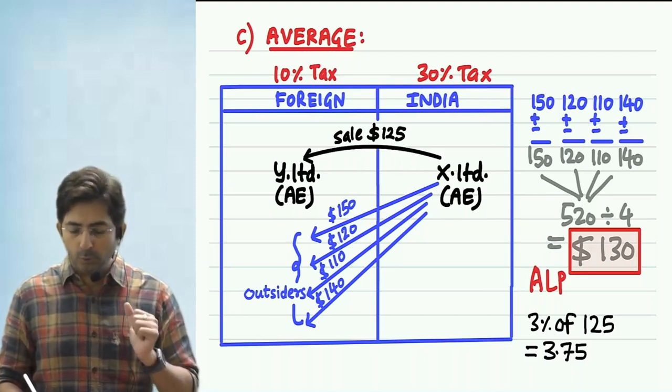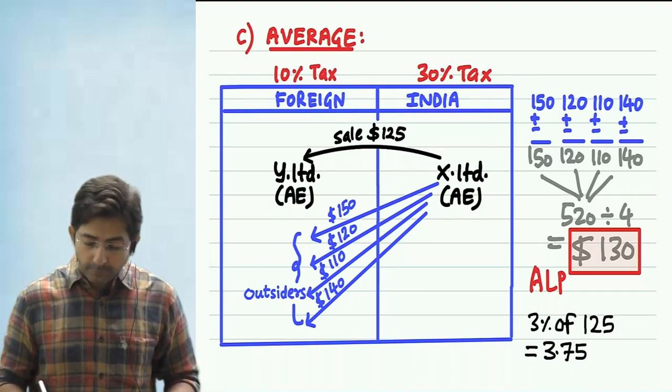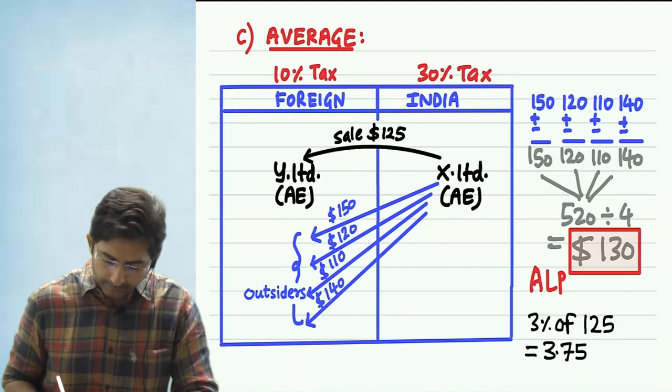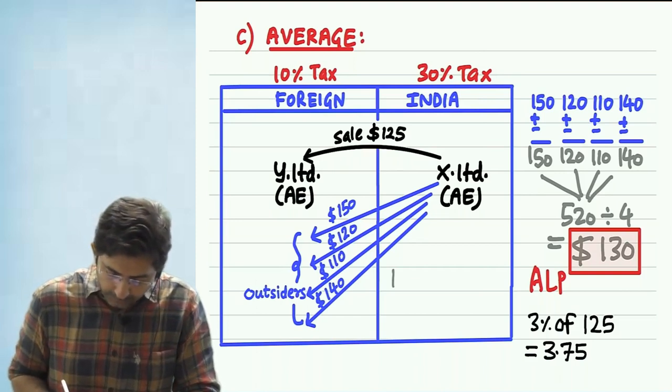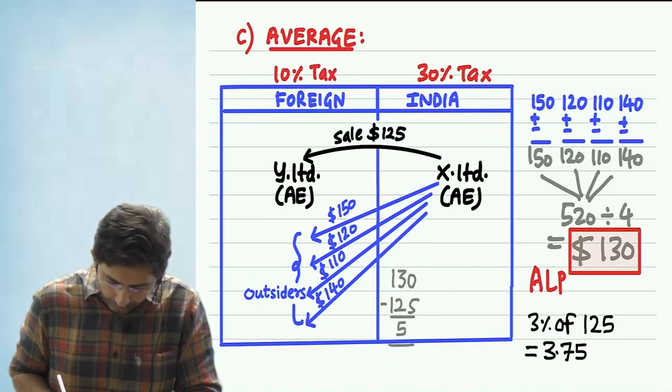Now what to do? Now we have to see the actual difference. I will write here. What is the actual difference? 130 minus 125. That comes to how much? $5.